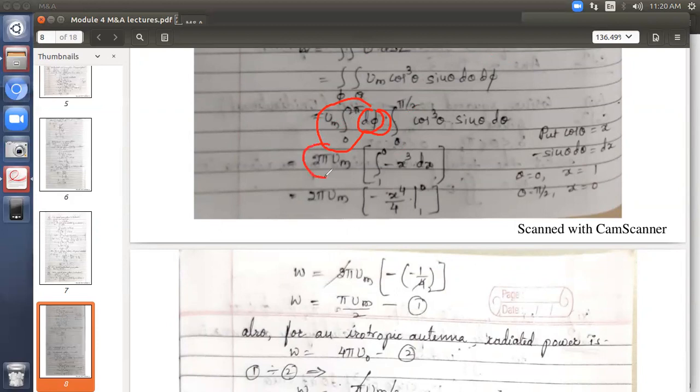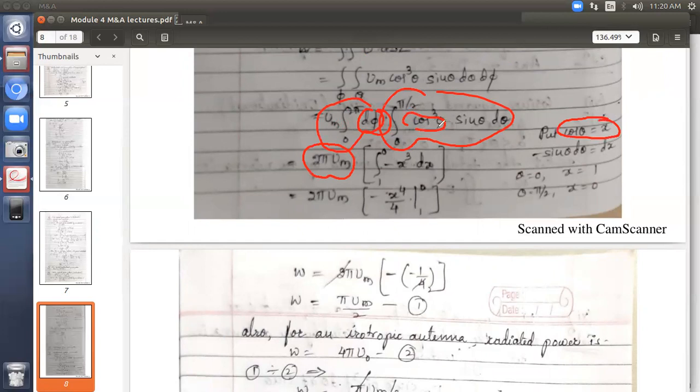So 2 pi. Now solving this integration, again I have used this substitution method. If I just look at this, cos cube theta, so substitute cos theta is equal to x.